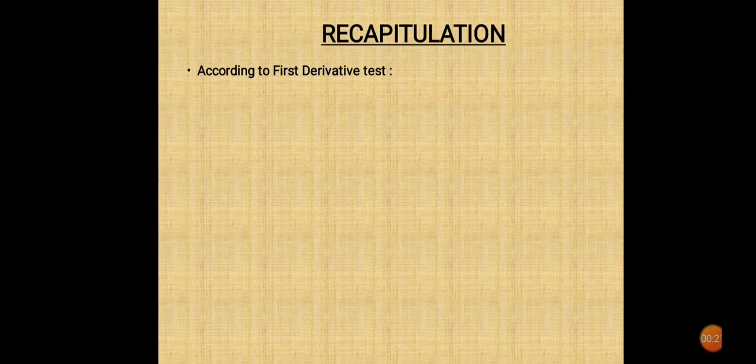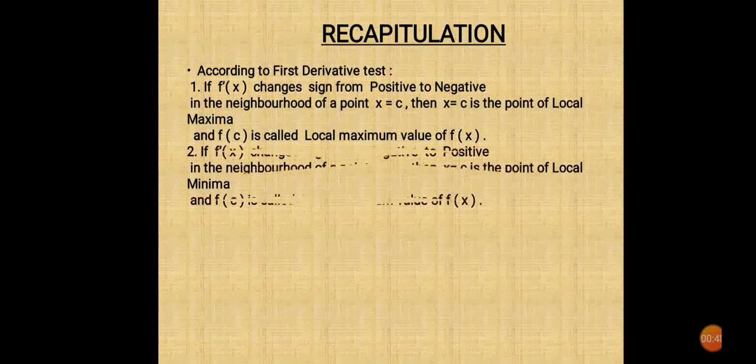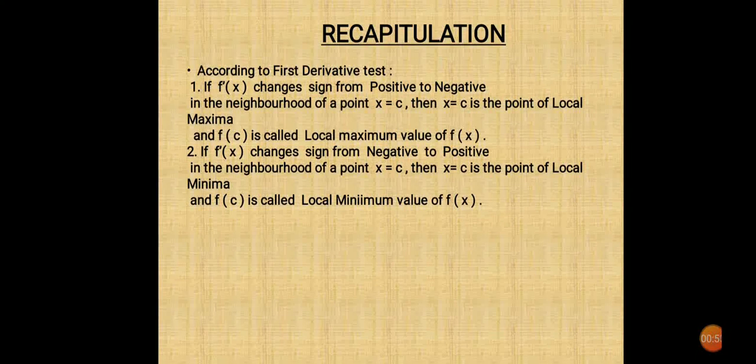So in today's session, we have studied that according to the first derivative test, if f dash x changes sign from positive to negative in the neighborhood of the point x is equal to c, then x is equal to c is the point of local maxima and fc is called local maximum value of the function. But if f dash x changes sign from negative to positive in the neighborhood of the point x is equal to c, then the point is called point of local minima and fc is called the local minimum value of fx.